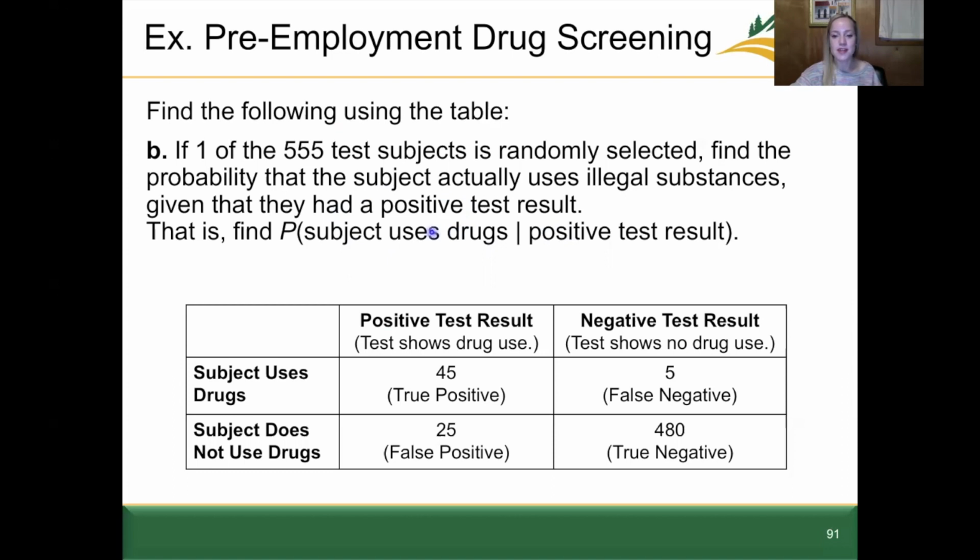For event B, it's asking, find the probability that the given subject actually uses illegal substances. That's our event B. So with this conditional probability notation, we have the probability that the subject actually uses drugs, this line here, then the subject had a positive test result.